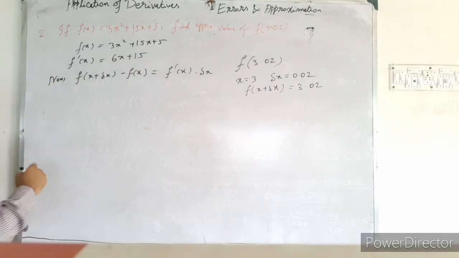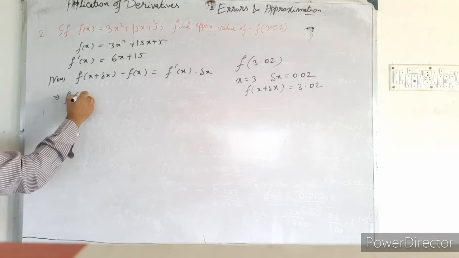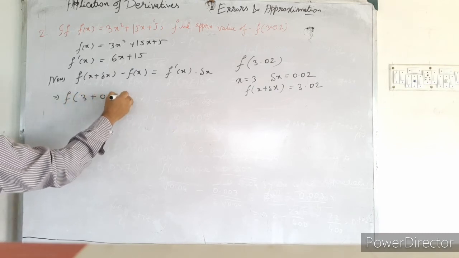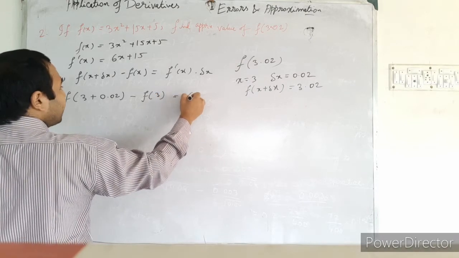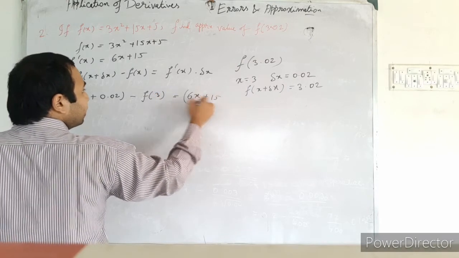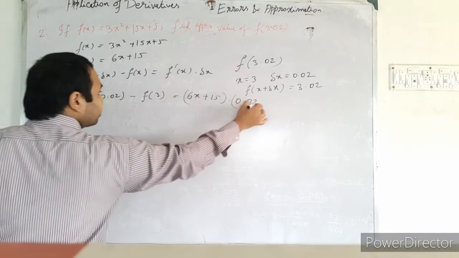So here I am writing like that. So here f of 3 plus 0.02 minus f of 3 is equal to f dash x, which is 6x plus 15, into del x equals 0.02.